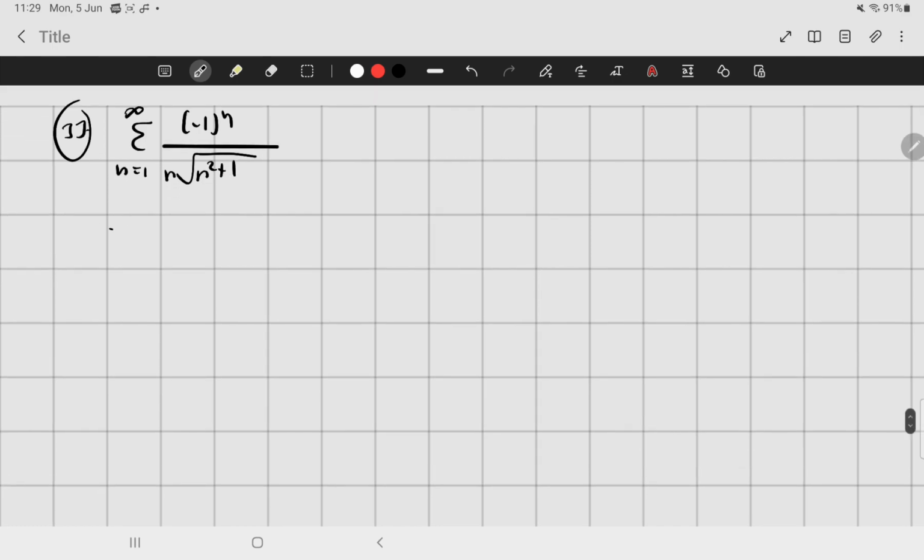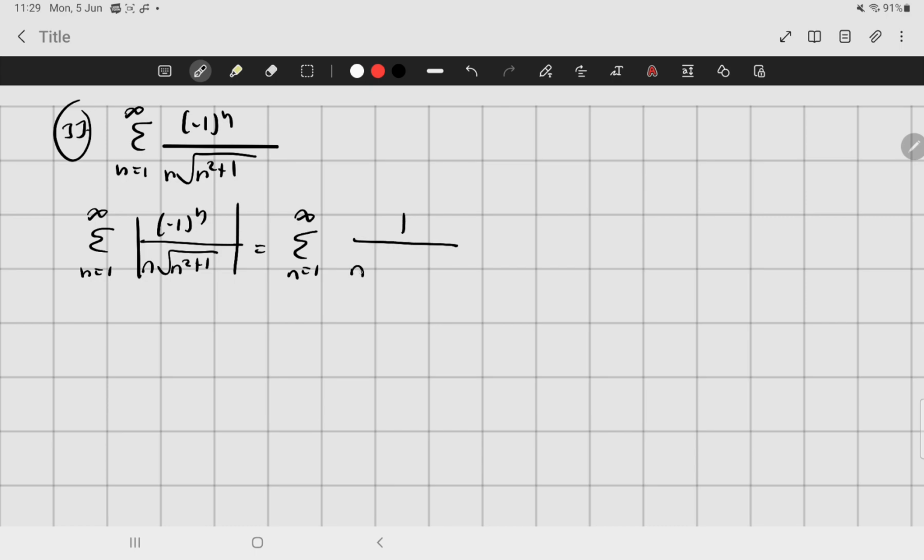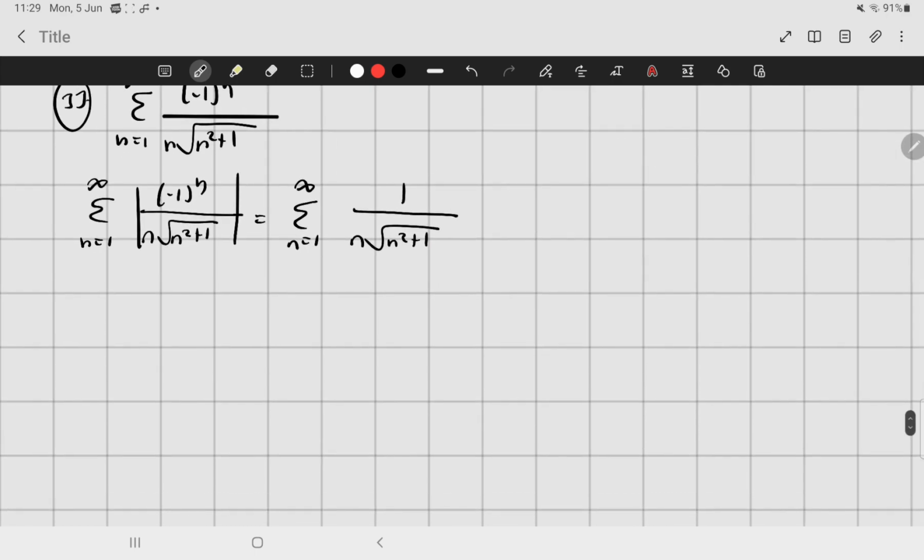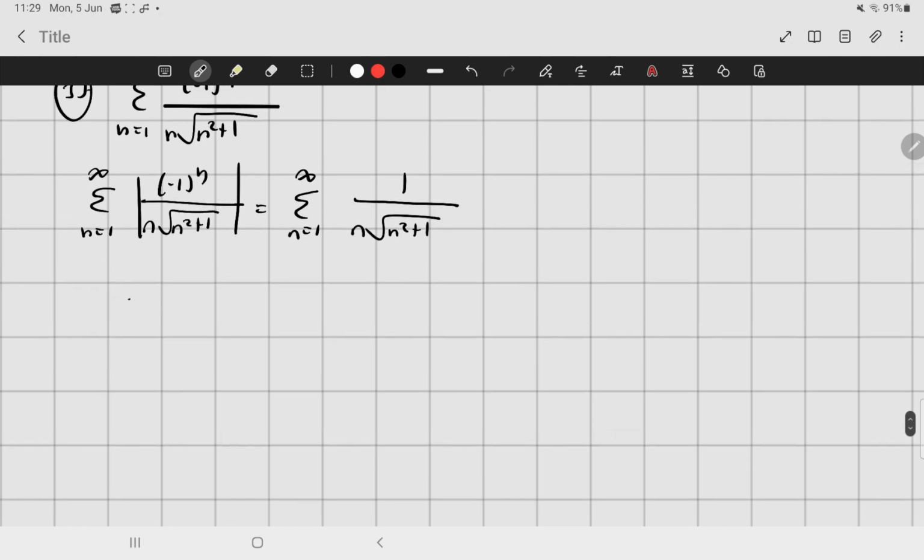By placing the absolute value, you will have the following series. And I would like to use the direct comparison test, so I'll be comparing it with this. Whoops, that is an ugly sigma.